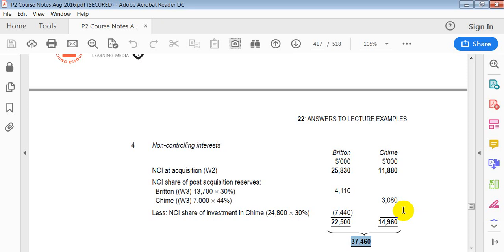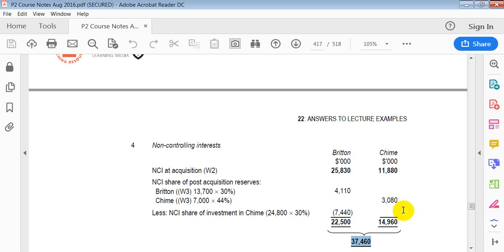Once we're done with the NCI, we can now start our consolidation. However, in an exam setting, you may need to do some other workings which would depend on what the examiner has given you in the question.